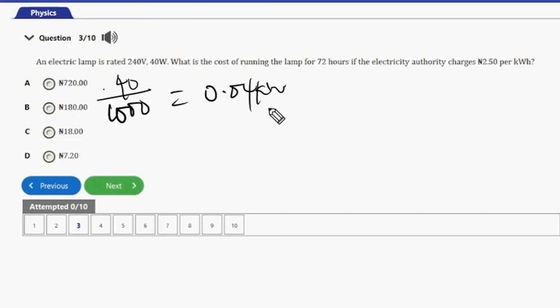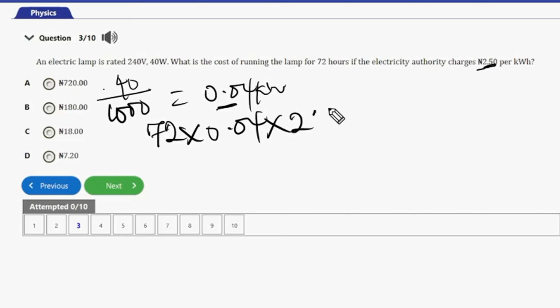So this will be 72, which is the time, 72 hours, then times this power here, that's 0.04 kilowatts, then times the charge per kilowatt, that's 2.50.